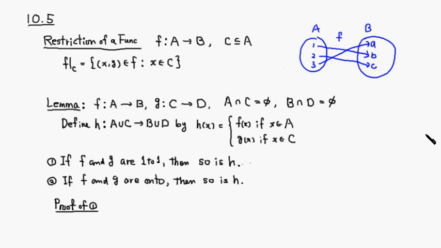So for the restriction of f to a set, let's say C is a set with 1 and 2. So let's say this is the set C. You're restricting the function, so you're only looking at these elements. The restriction of this function to the set C would be a function that maps 1 to b and 2 to c, and that's it.